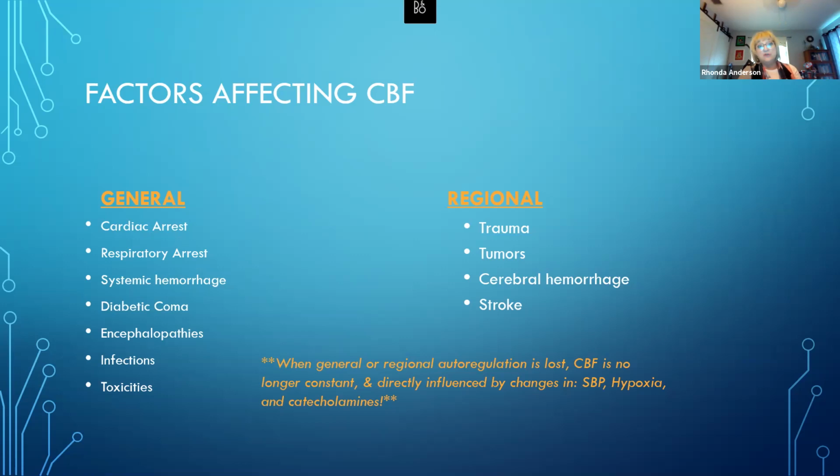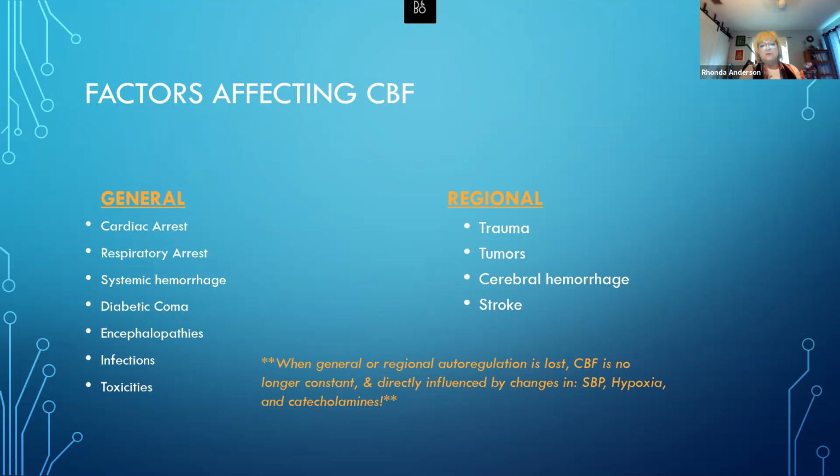A systemic hemorrhage, where the mean arterial pressure is so low that I lose my ability to auto-regulate brain perfusion, and so I don't have good cerebral blood flow. Diabetic coma, encephalopathies, infections, and toxicities. All of these can affect cerebral blood flow so that the patient can have permanent injury from ischemia.